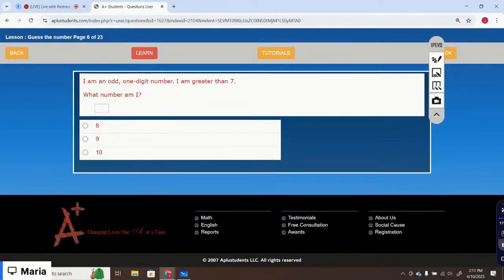I'm an odd one-digit number. I'm greater than 7. What number am I?